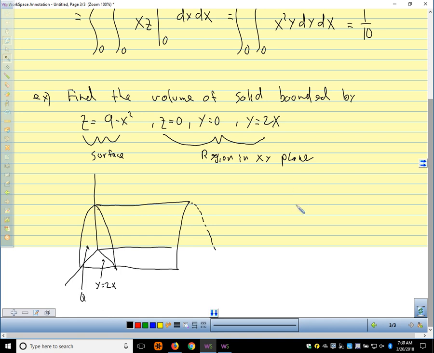So in the xy plane, we get the line y equals 2x.